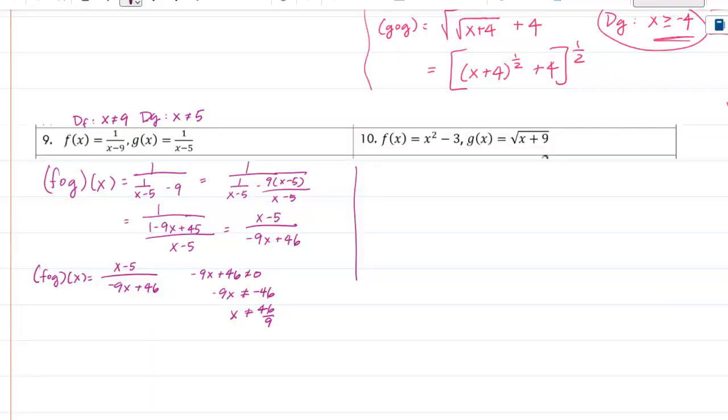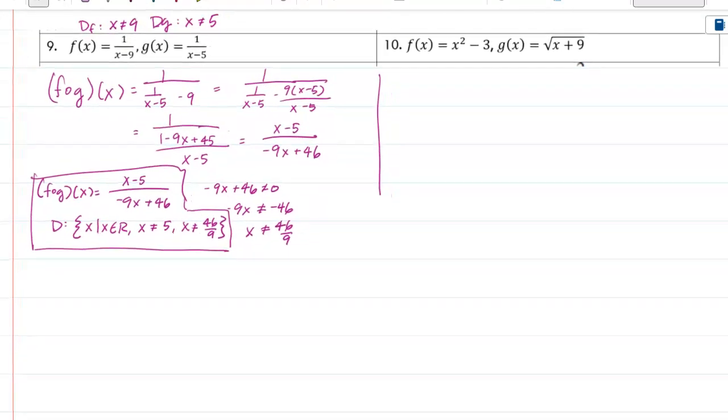So the domain is x such that x is an element of all real numbers. My input function was g, so x cannot be 5, and x cannot be 46 over 9. There it is.